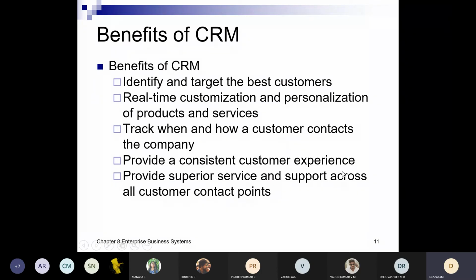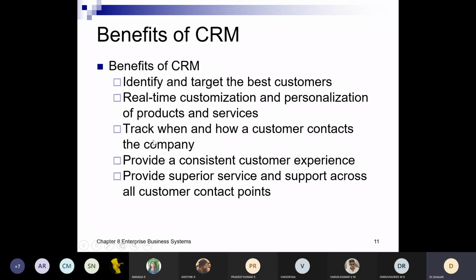It helps in identifying and targeting the best customers, definitely. Then real-time customization and personalization of products and services, right? Based on the instant feedback or the complaint issue, the company can definitely improvise in real time with respect to the requirements or the specifications, and in fact sometimes even personalization also, right?